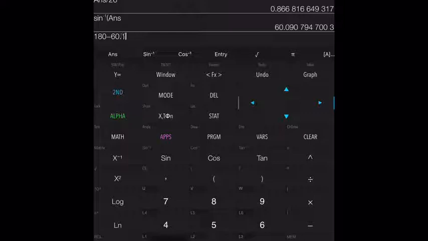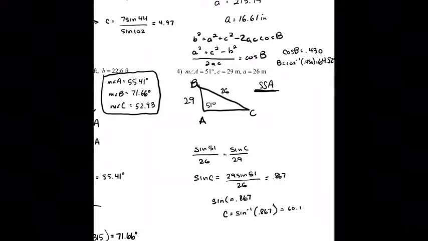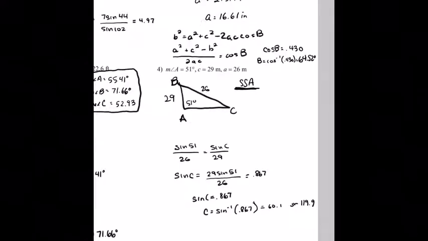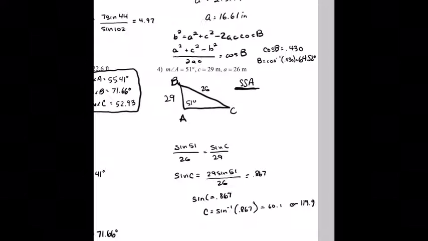So 180 minus 60.1, we get 119.9. So now we've got to think, are both of these answers possible, or is one of the angles too big? Remember, all three angles of a triangle can't add up to more than 180.